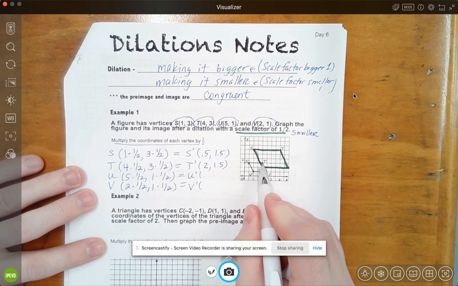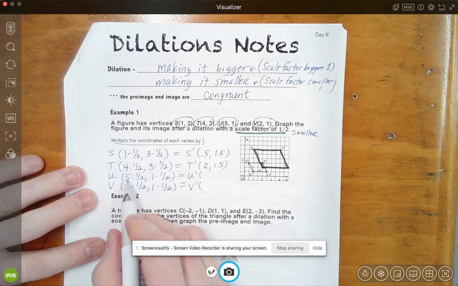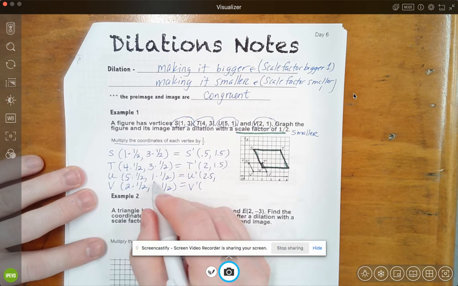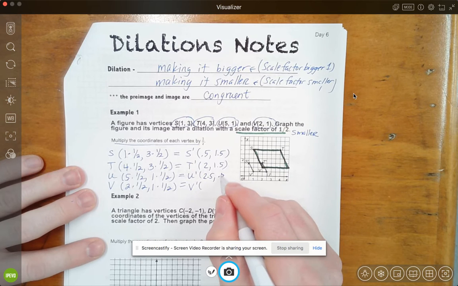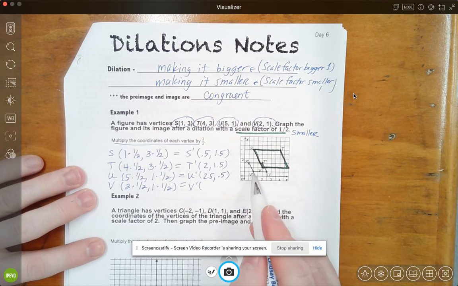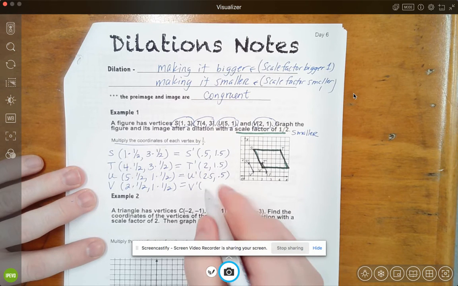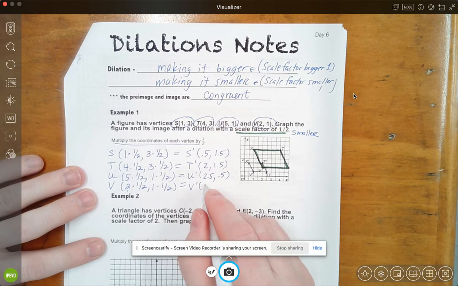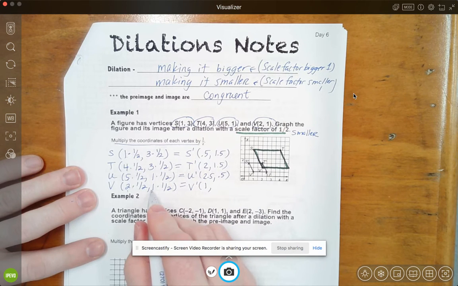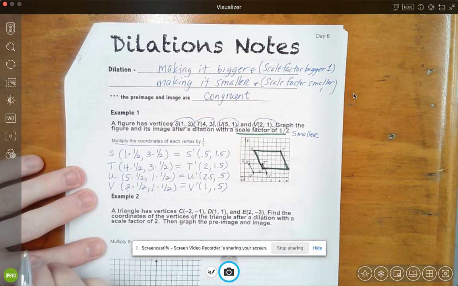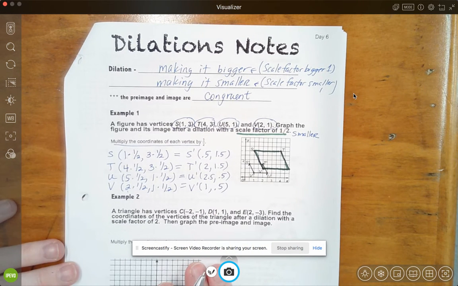And you see that it shrunk, went from here to here. 5 times 1/2 is 2.5. 1 times 1/2 is 0.5 or 1/2. And so it's right there. And then the last one, 2 times 1/2 will go to 1. 1 times 1/2 is 0.5. And I have my new points. There they are. Okay.